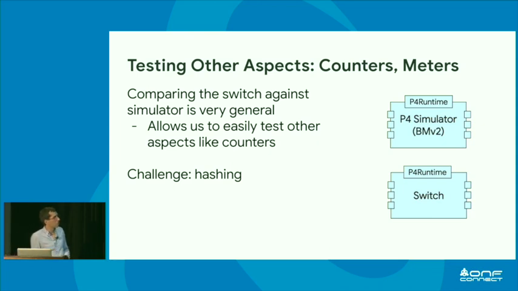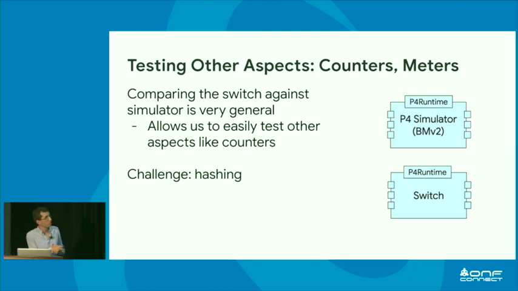One challenge that we came across, though, was hashing. When you have a group with multiple members on these switches, you can do load balancing over them using ECMP or WCMP, where you give a weight to every member in the group, and packets get forwarded according to that weighted distribution using a hash. A lot of these fixed function switches make it pretty tricky to know exactly what this hash function is.